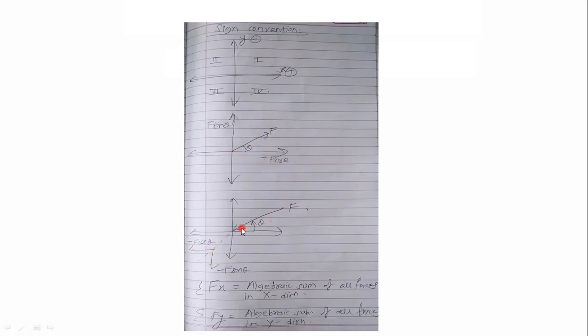Now I already told you what the summation of Fx is, that is, the x component of all forces, and the summation has to be taken. Now the y component of all the forces, and the summation has to be taken, that will be the summation of Fy.